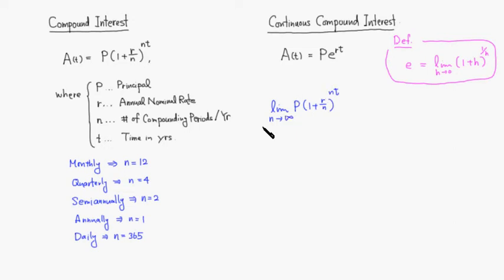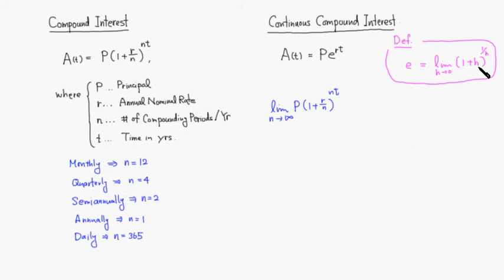So let's look at this, and remember the definition of e, which looks like this. I'm going to try to mimic this definition since I know the exponential function is involved here. So we're going to do a substitution.